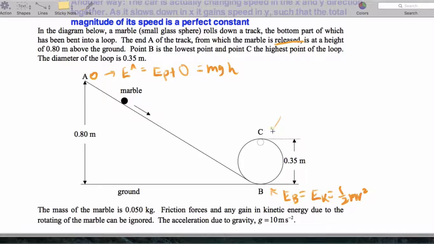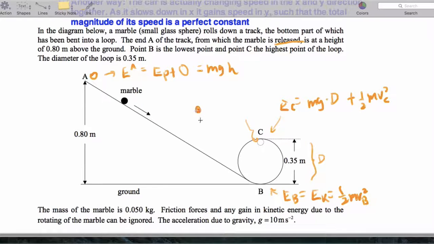Now at the top here at C, we're going to have mg times this little thing here. I'm going to call it the diameter, plus 1/2 mv squared at C. The other thing, when we're at C, there's a couple things going on here that we should take note of.